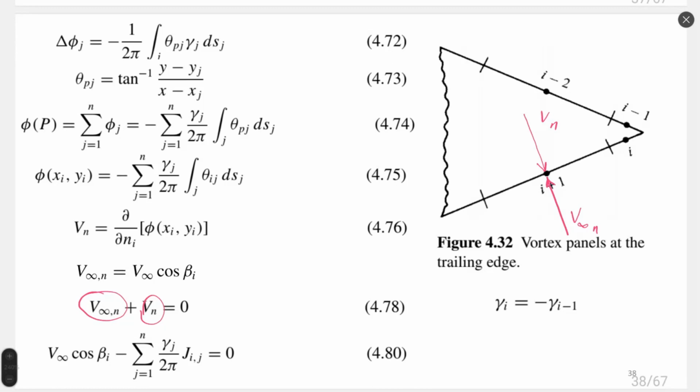Once this compensation is provided, our normal component of velocity on the edge of the airfoil does not exist, and we have just tangential velocity V eta, which goes exactly parallel to the flow, to the wall. Okay, this is one rule, a very simple physical concept.